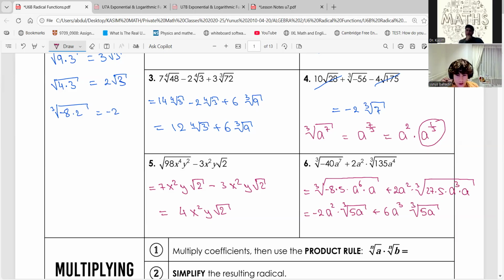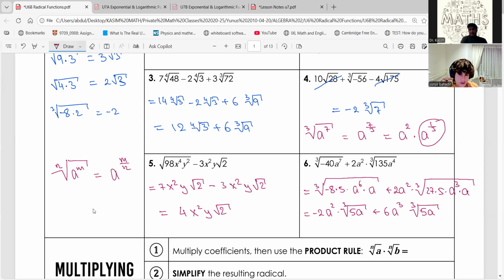Wait, so the exponent just means you're dividing it? Yeah. The definition we have just written there, Yunus. If we have not m, let me just put n, but it doesn't matter which one you use, right? And a to the power of m. How did they define this? This means a to the power of m divided by n, right?